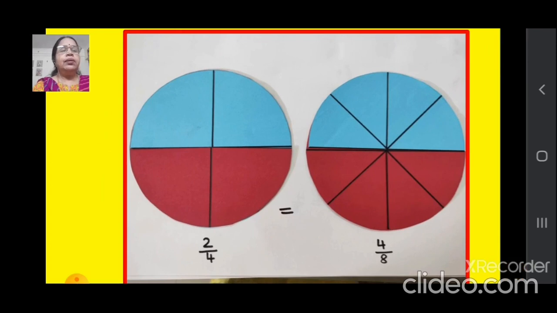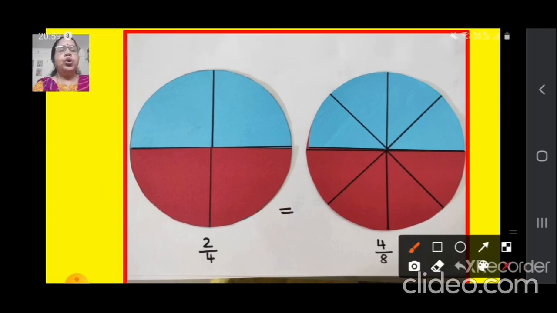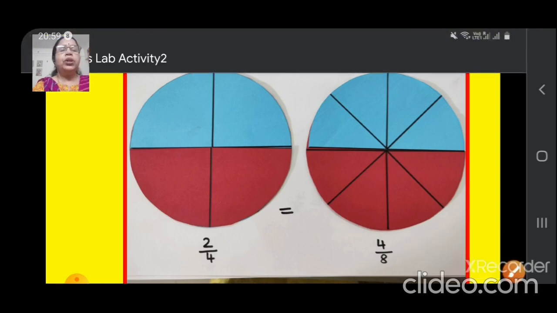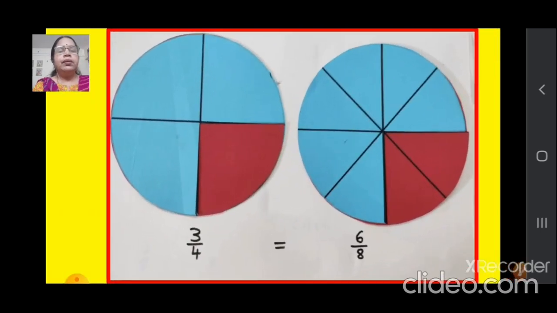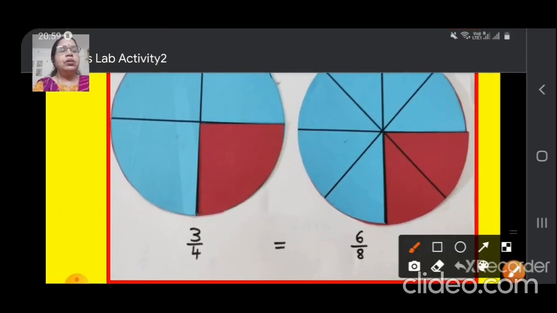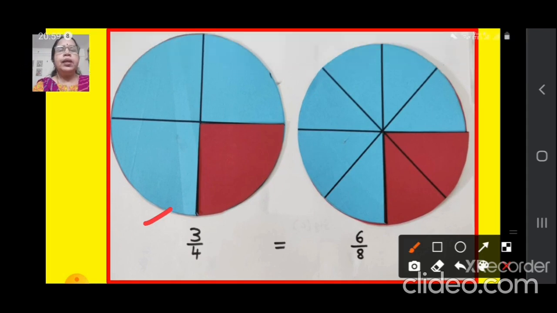Then the next one, 2/4 is shown by this wheel, and 4/8 is shown by the next wheel. Both are equivalent fractions. Then this wheel shows 3/4, and this one represents 6/8.